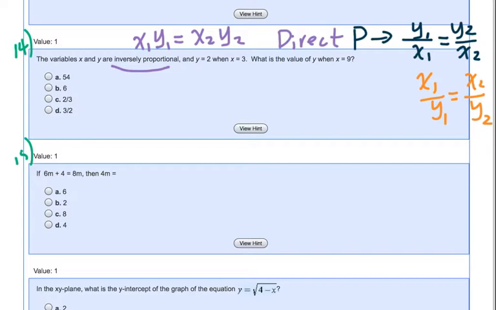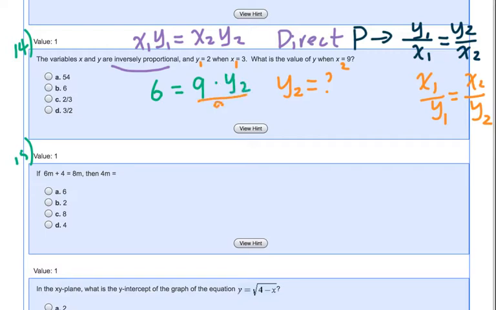Since this is an inverse proportion, the first two values are always labeled as y1, x1, then x2 equals 9, and we are looking for what y2 equals. Therefore, I plug in x1 times y1 altogether, which is 6, equals 9 times y2.